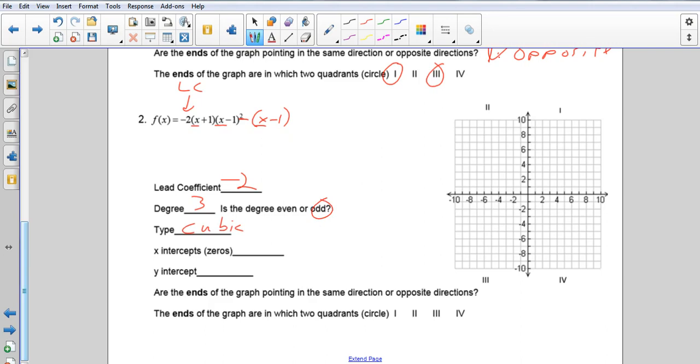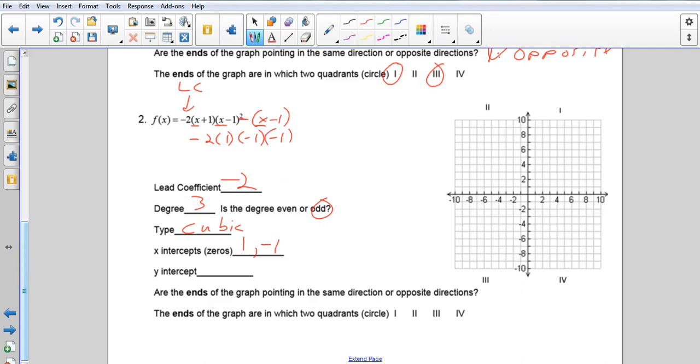The x-intercepts, the zeros. Well, if you set each of those equal to 0, you're going to get 1 and negative 1. Y-intercept, if we plug in 0 for x, we're going to get negative 2 times 1 times negative 1 times negative 1.